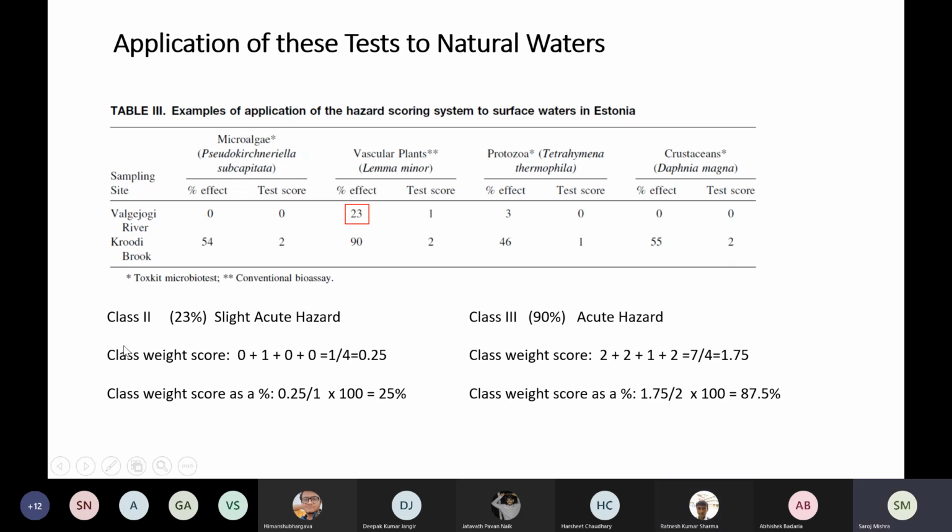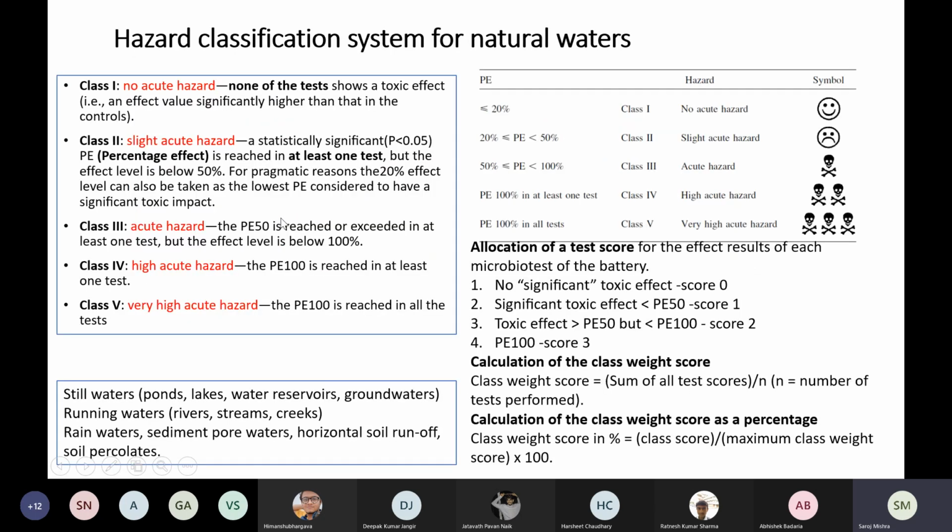Okay, so there is another way of classification which is called the class weight score. In this, the weight score assigned in each category is used. You have 4 tests which you have performed. In one of them the percent effect was 0, and the test score assigned is 0. Where does this number come from? There is an allocation of a test score here.